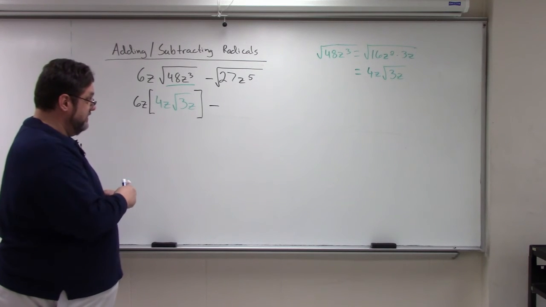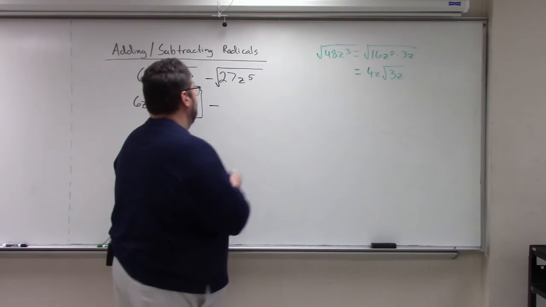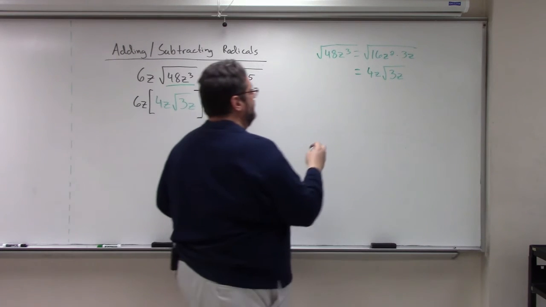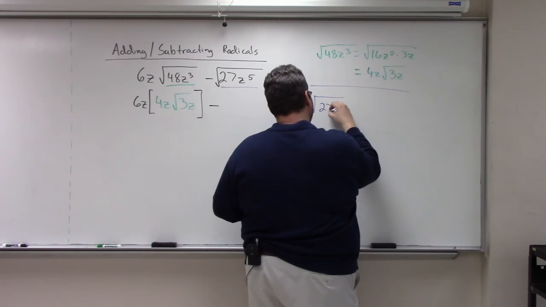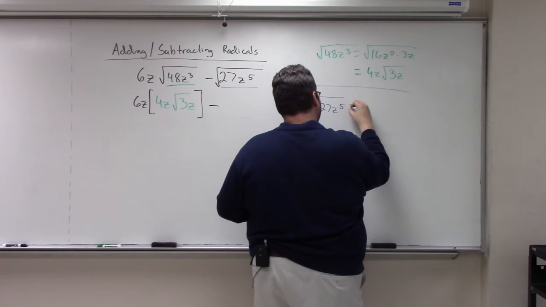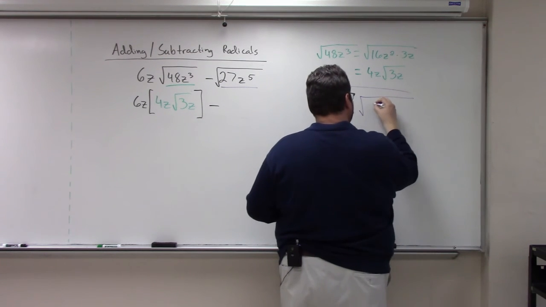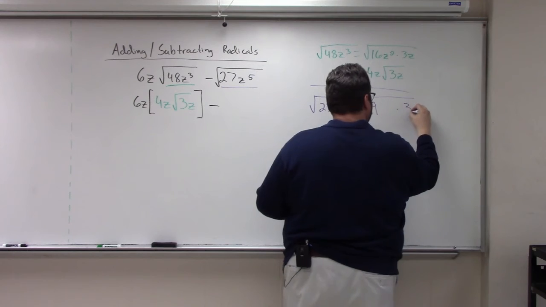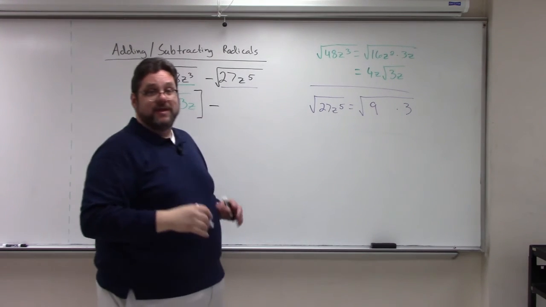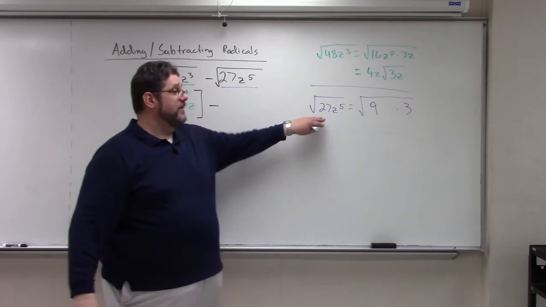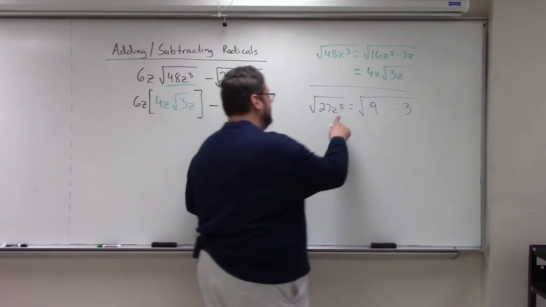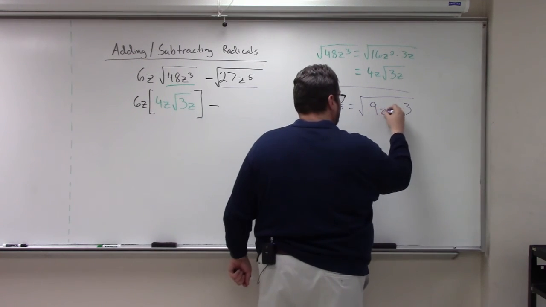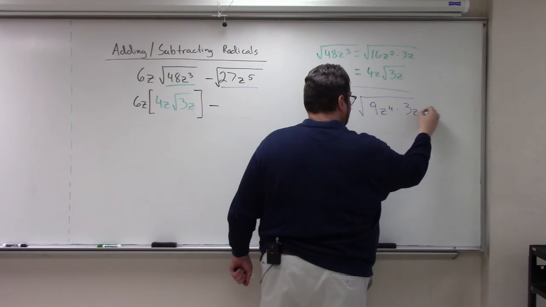All right. Now, let's look at 27z to the fifth. The square root of 27z to the fifth. Okay. I can write 27 as 9 times 3. 9 is a perfect square that divides 27. And then I cannot take the root of z to the 5th, but we've done this several times now.